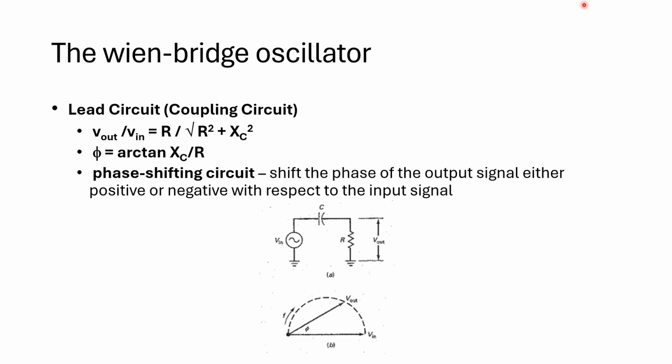Why is it called a phase shifting circuit? They shift the phase of the output signal either positive or negative with respect to the input signal. A sinusoidal oscillator always uses some kind of phase shifting circuit to produce oscillation at a specific frequency of oscillation.